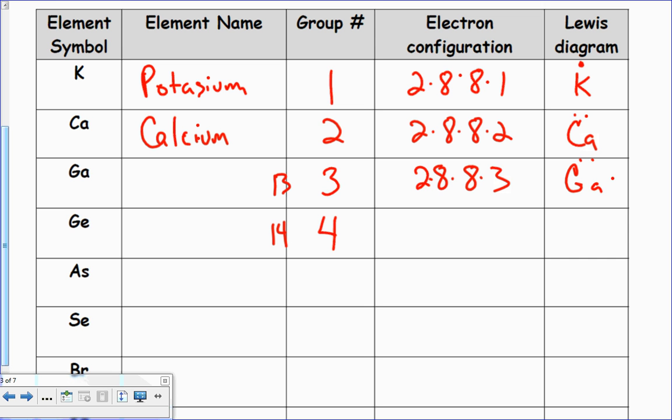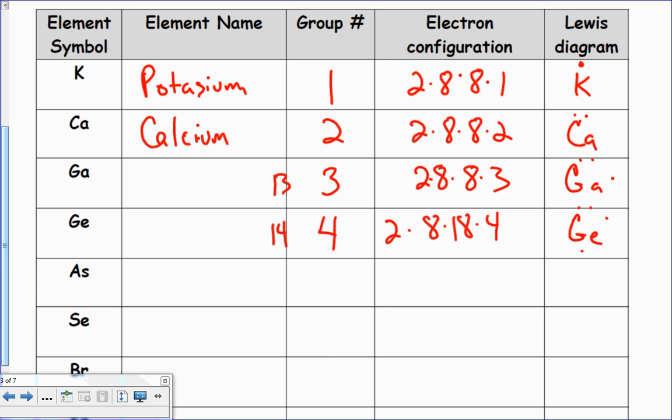But we're going to say group 3 is this whole boron, aluminum, gallium group. Okay, 2, 8, 8, 4. That has 4 valence electrons, so it's going to look like 1, 2, 3, 4. Remember, first two together, then one at a time around the bus.